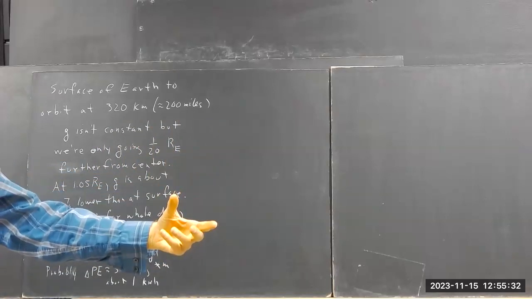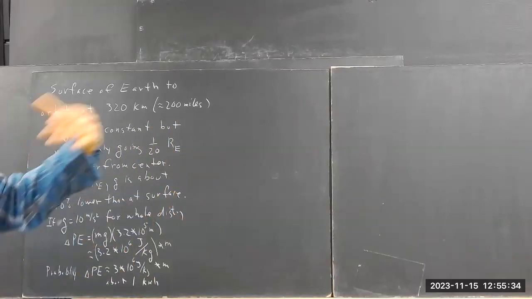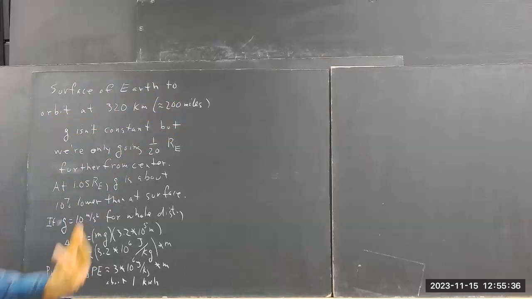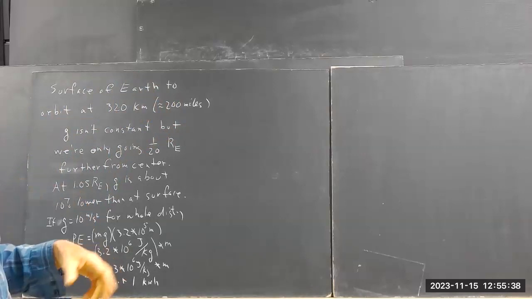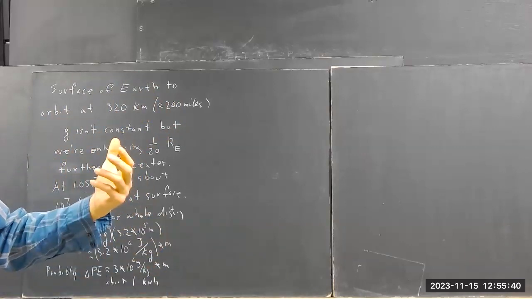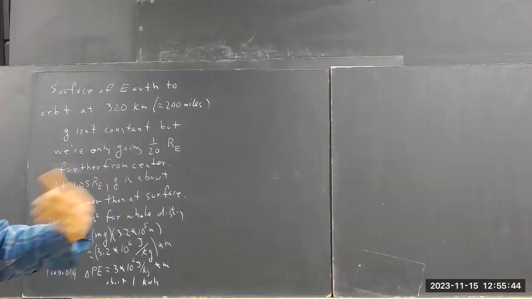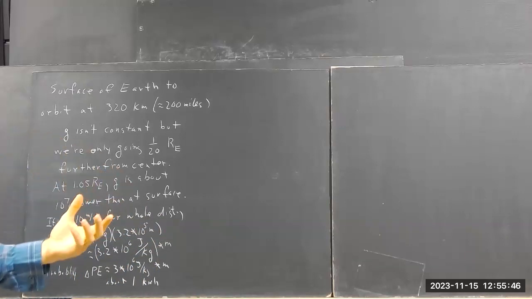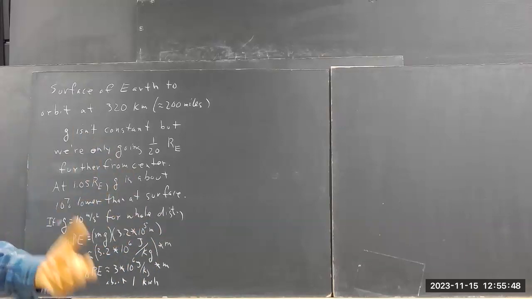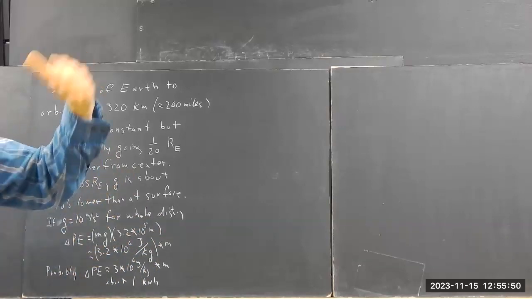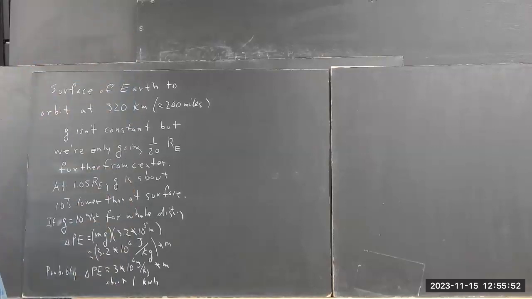It's only 5% further. If you do an inverse square of 1.05 times R_E, well, the square of 1.05 is about 1.1. The reciprocal of 1.1 is pretty close to 0.9. So you're still going to have 90% of the pull of gravity at that distance.